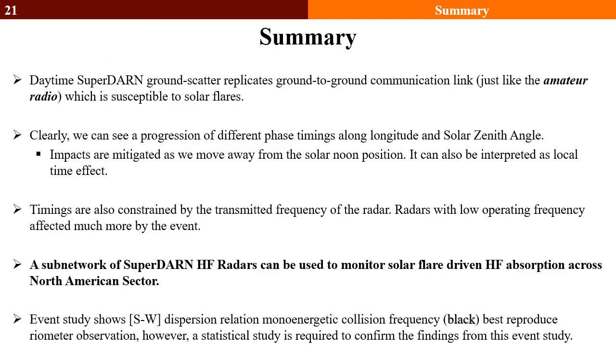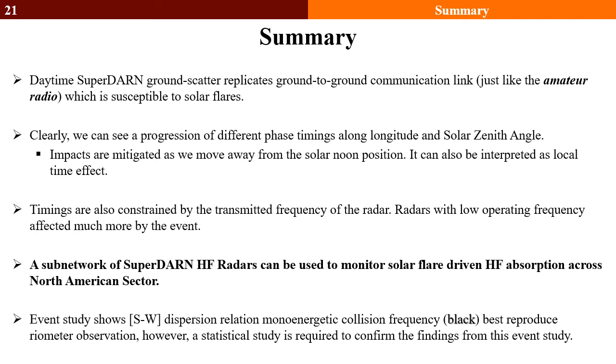So here is the summary of this study. We find that the daytime ground scatter replicates the ground-to-ground communication link, which makes it really susceptible to solar flares, and we can use it as a tool to monitor solar flares in the ionosphere.